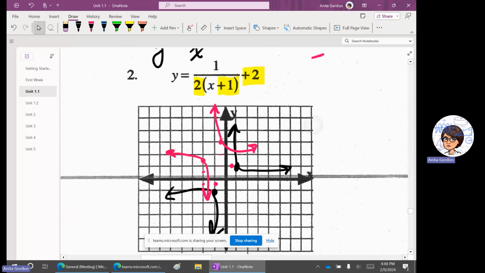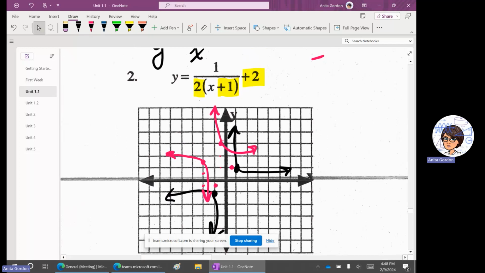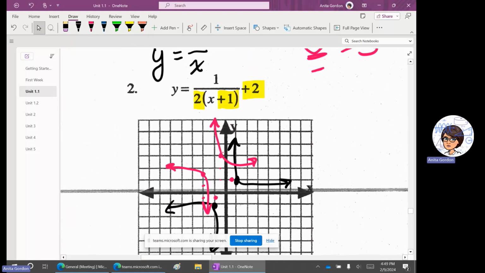My vertical and horizontal asymptotes also move with the graph. Fun facts: when you do compressions and reflections, they do not affect the asymptotes. However, when you do translations, left, right, up, and down, it does affect the asymptotes, right?